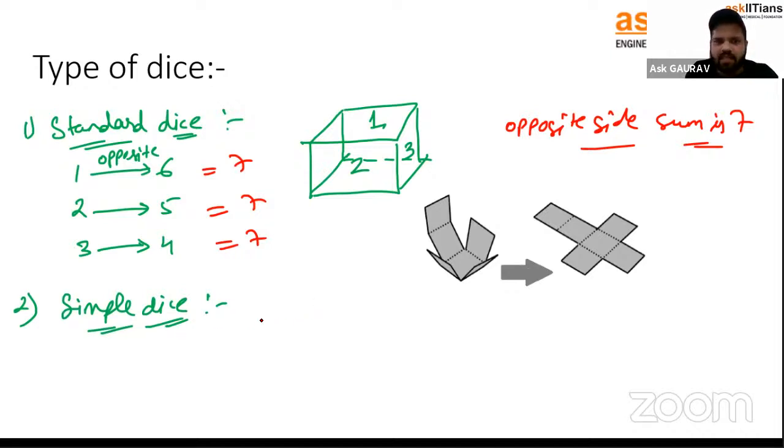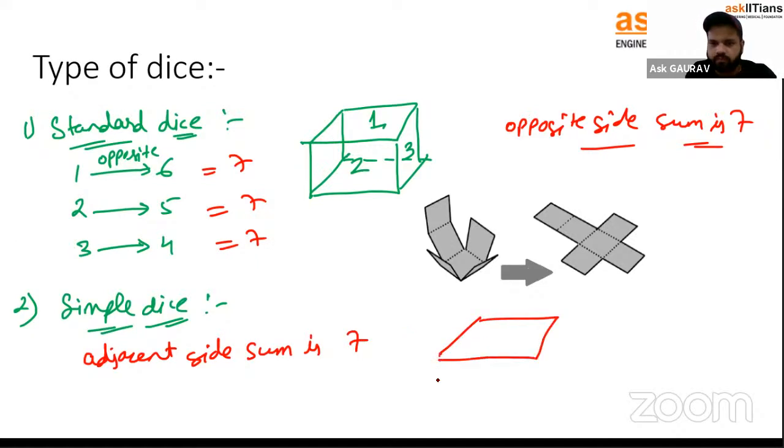But for a simple dice, the opposite side sum is not 7. The adjacent side sum is 7. For example, let's say this is 3, this is 4, this is 1, right? Here 1 is not opposite to 6, 3 is not opposite to 5, 3 is adjacent to 4.